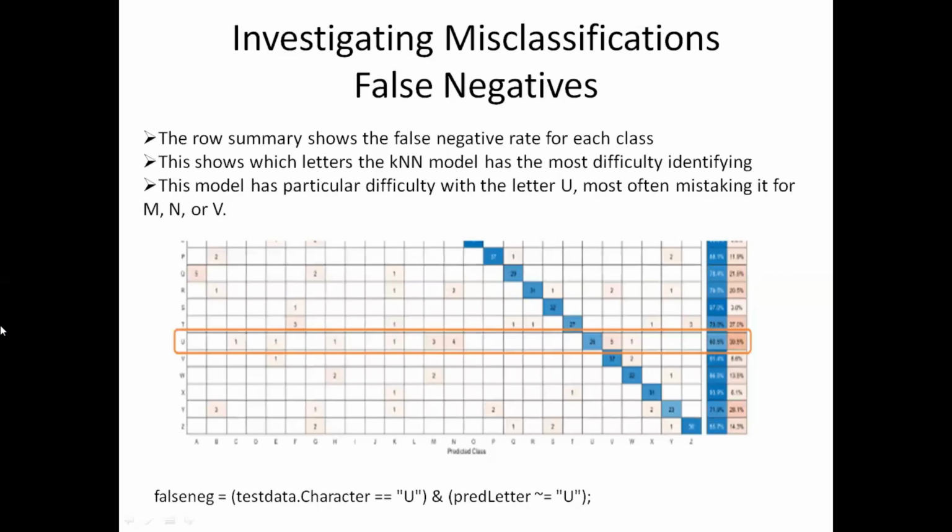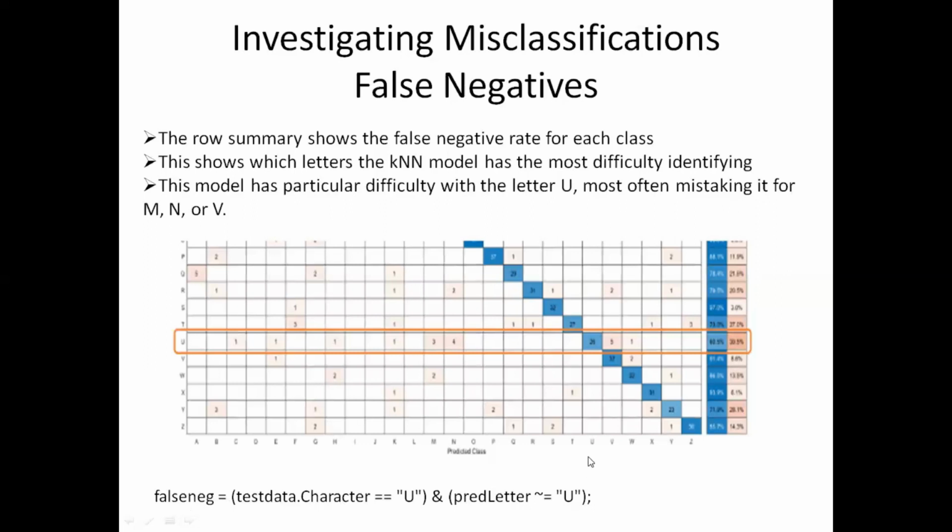Now we will investigate this misclassification a little more, to understand what makes the KNN model misclassify the alphabet U. For that, we will find the index of the data which is misclassified.